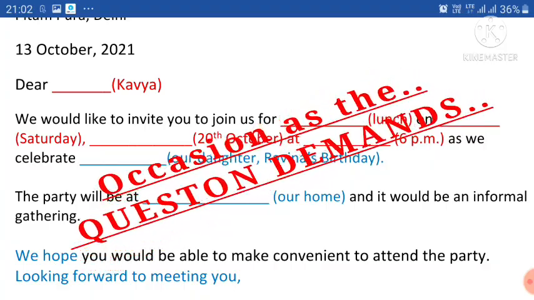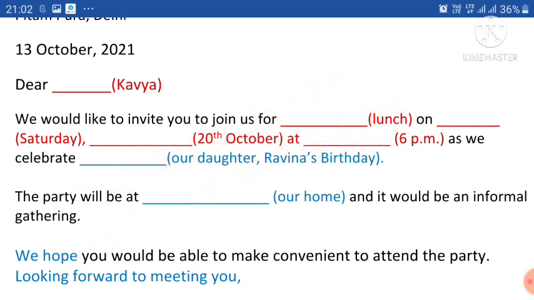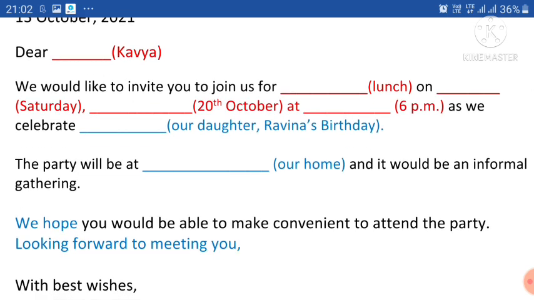Okay, now the paragraph changes in the second paragraph, and the first paragraph has to have a space in between. The line has to be left. The party will be at our home, like I choose to write our home. You could write any other place, like it could be at a chosen hotel, it could be at a marriage garden, write the name.